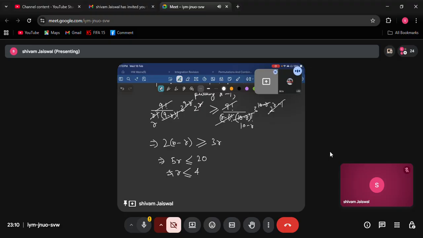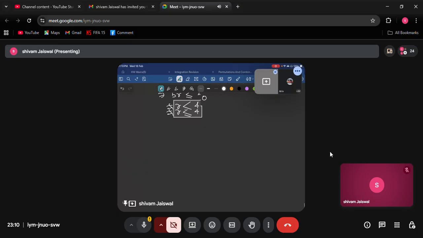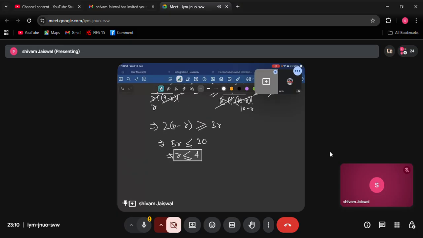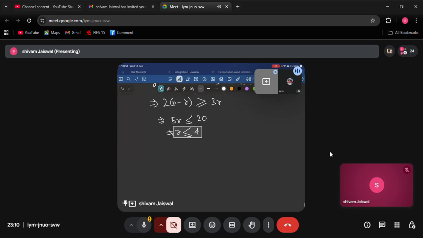Everyone, there is a very important thing to note. Whenever you get an integral value, r is less than or equal to 4. That means r can be less than 4 also, and r can be equal to 4 also. In this case, you have to check something.